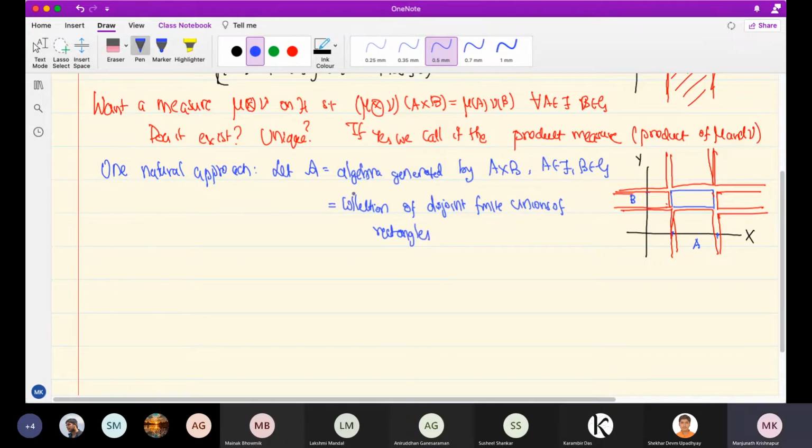Okay, so that is what the algebra is. So on that, it is kind of clear how to define it, right? So what you want is mu times nu to be that. There is only one possible way to define it.